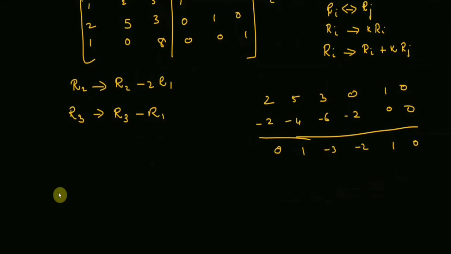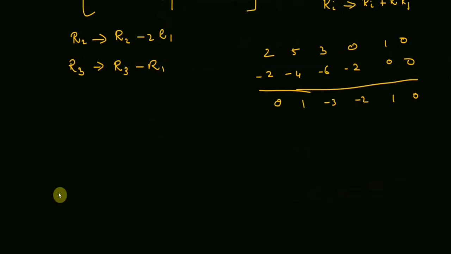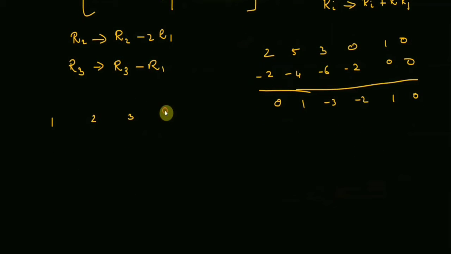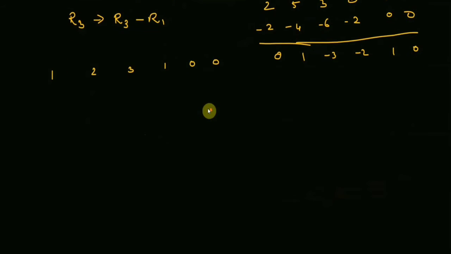The first row remains the same: 1, 2, 3, 1, 0, 0. The second row will become 0, 1, minus 3, minus 2, 1, 0.